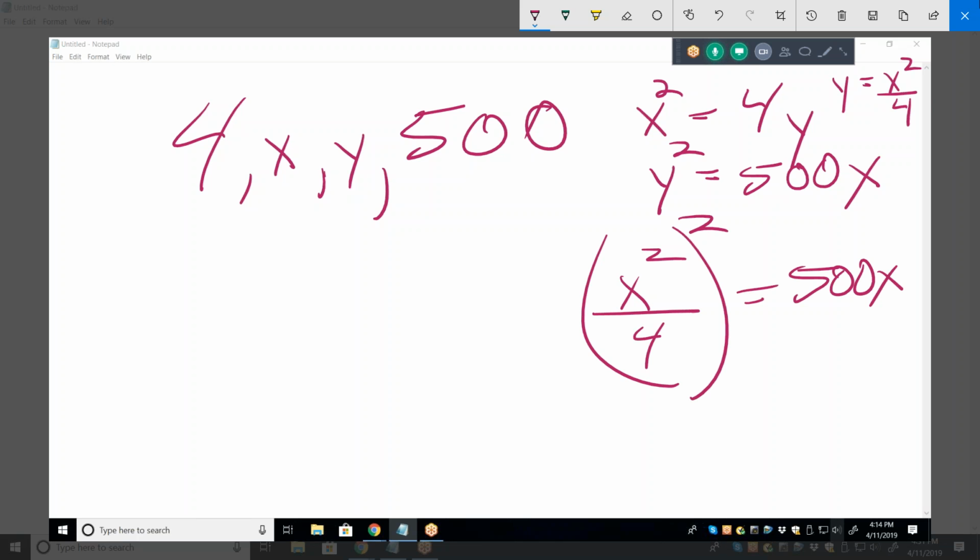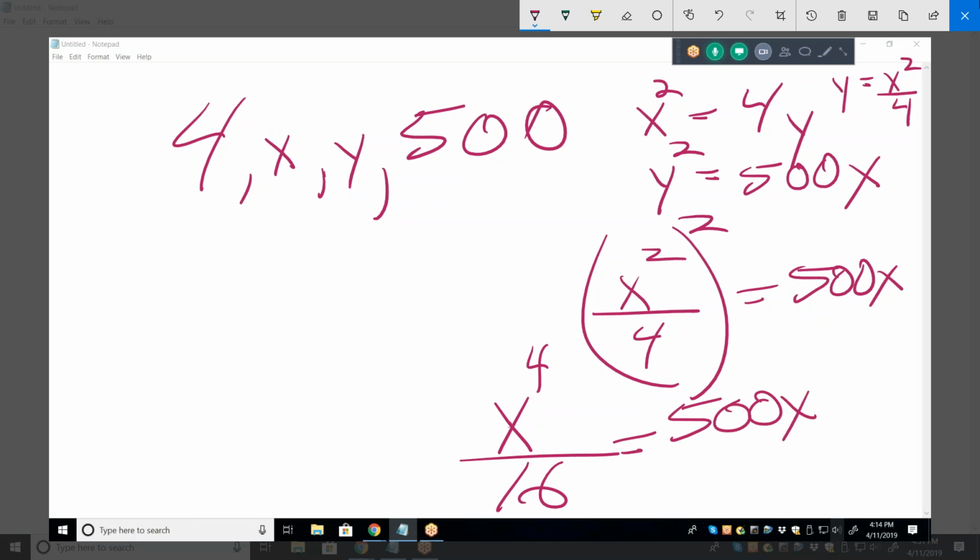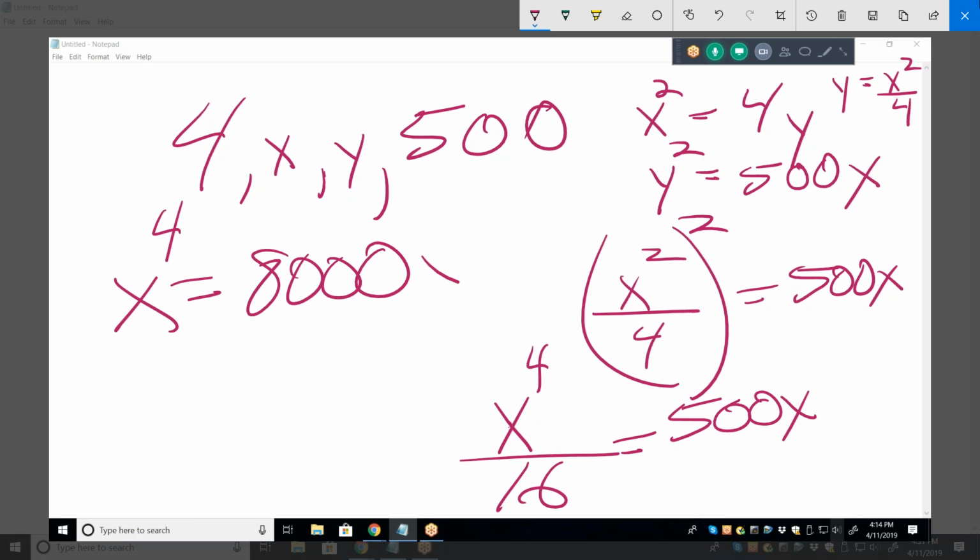Okay, that is x to the 4th over 16 equals 500x, which is x to the 4th equals 8,000x.